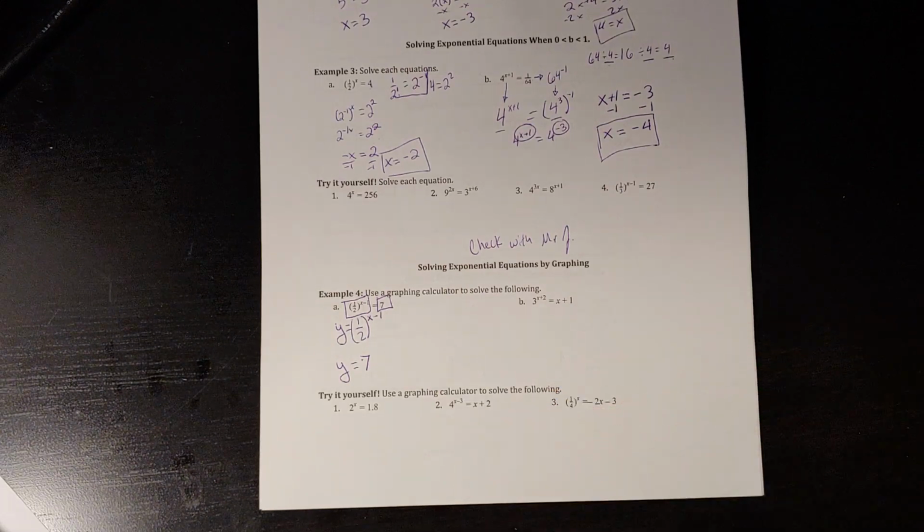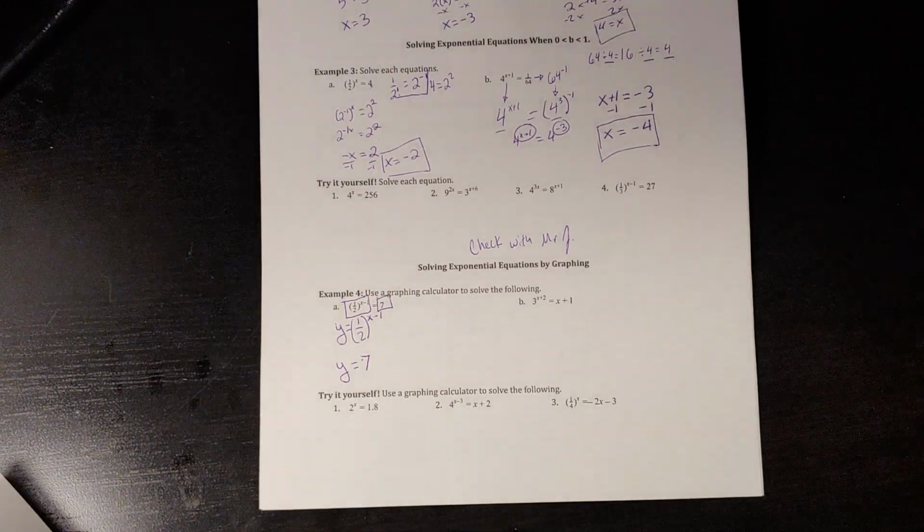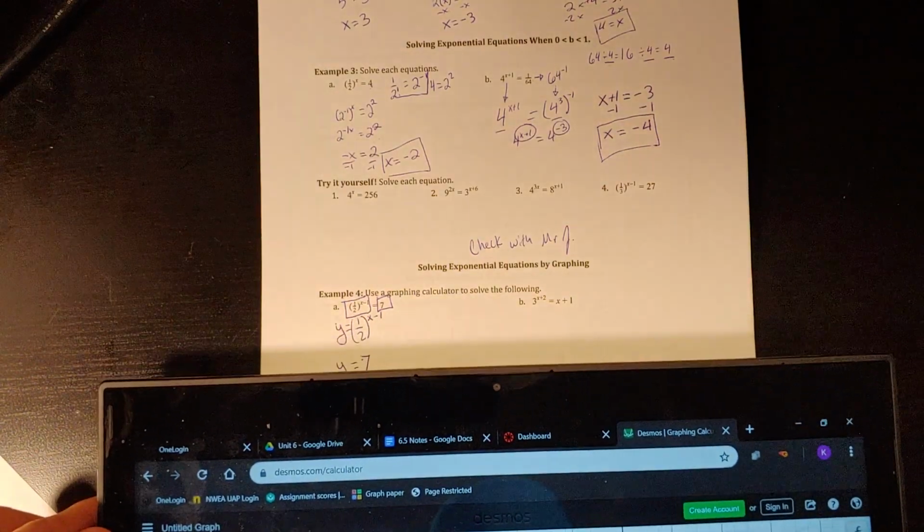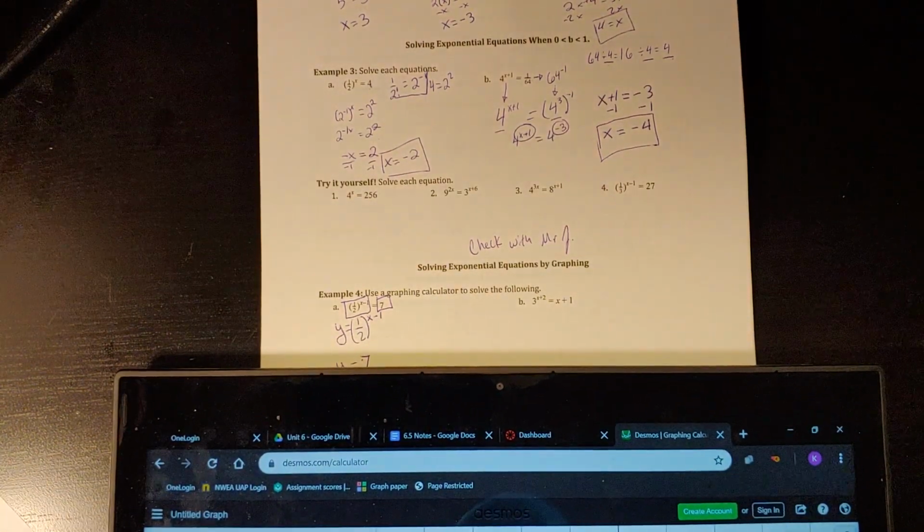So now what we're going to do is get on to Desmos. I'm waiting for it to load right now. And we're going to plug these in and look at where they intersect. So I have Desmos right here, and I'm going to type it in before I bring it up on the screen.